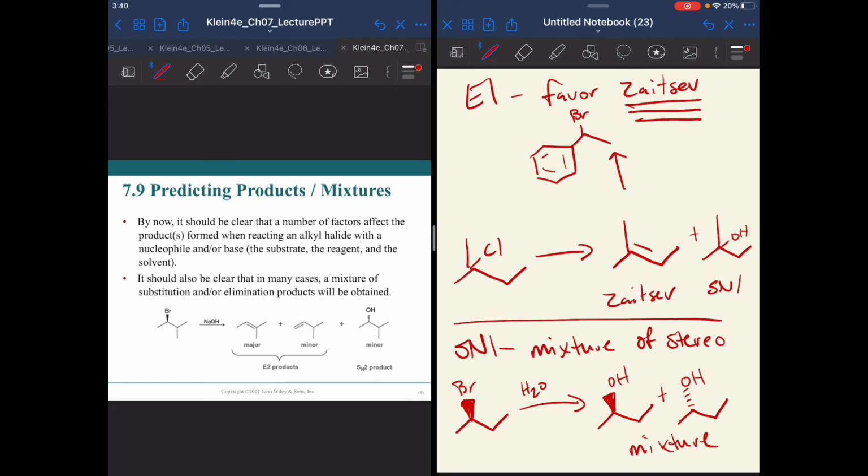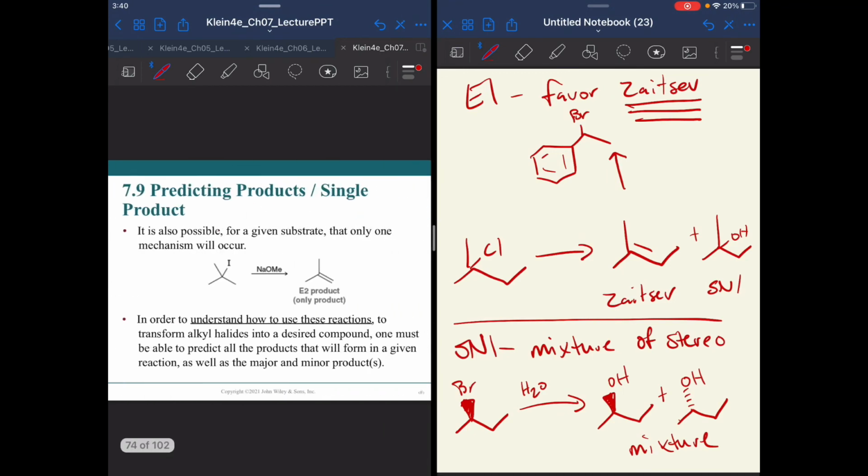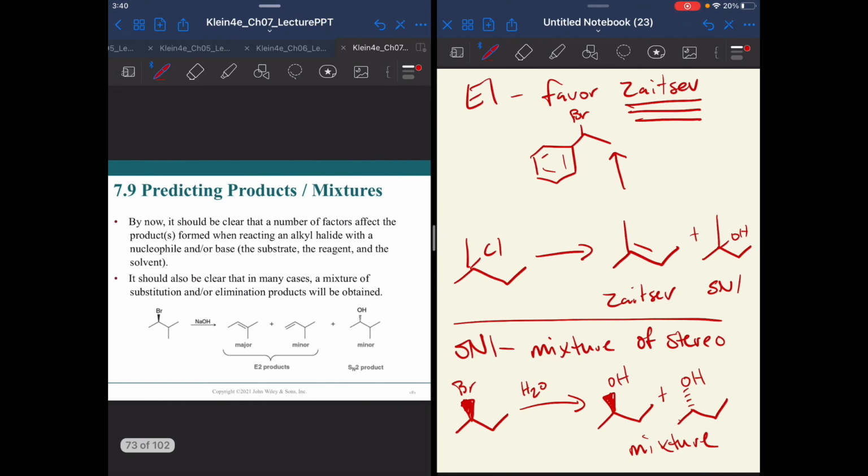In the next video, we're going to go through steps for predicting a product, just starting with the substrate and the reagent and the solvent if possible.